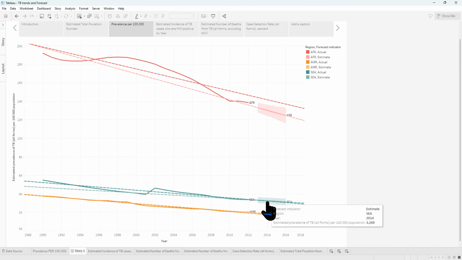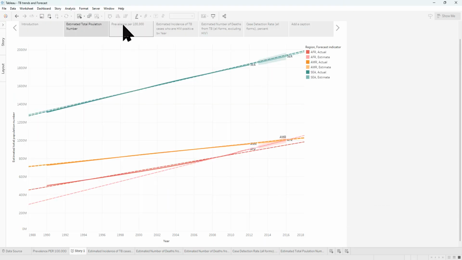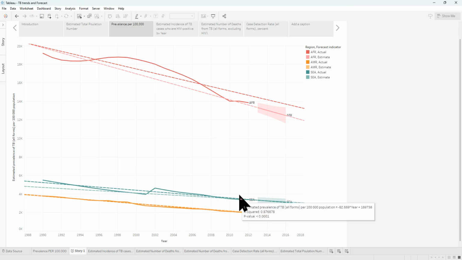This number gets affected based on population.